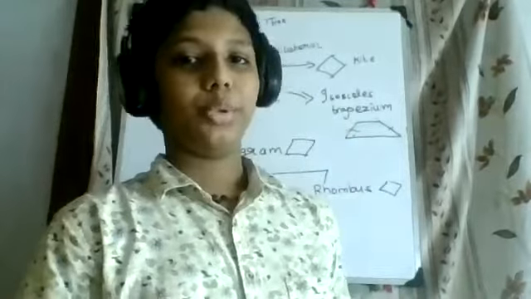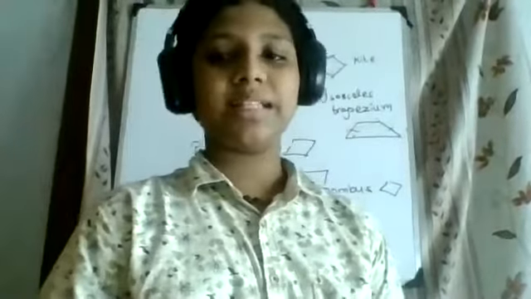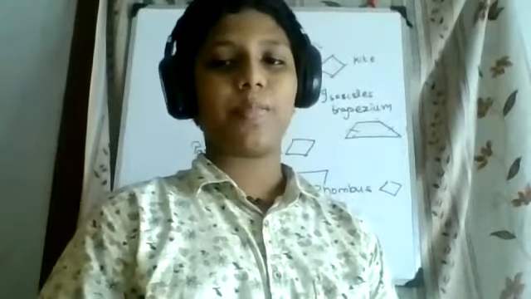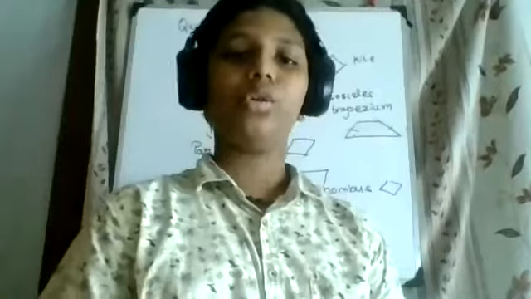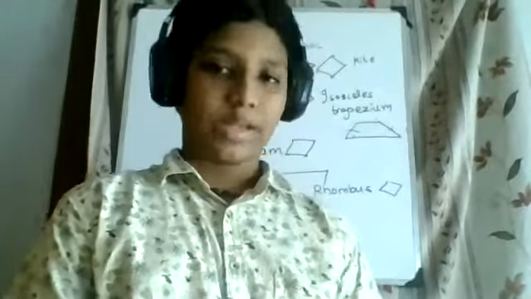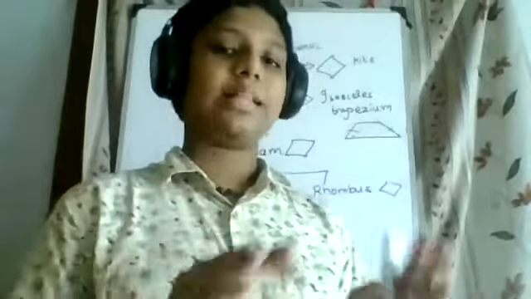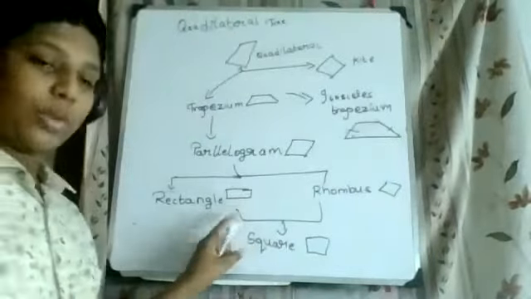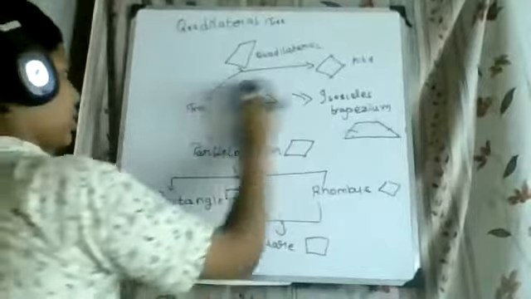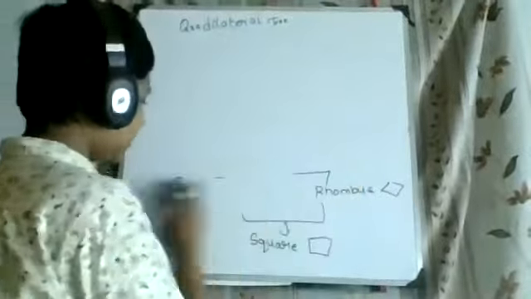Next, the second question. Give reasons for the following. A square can be thought of as a special rectangle. How? A rectangle with adjacent sides equal will give you a square.